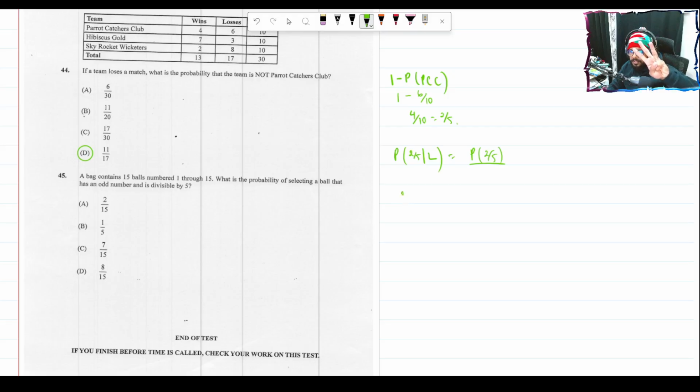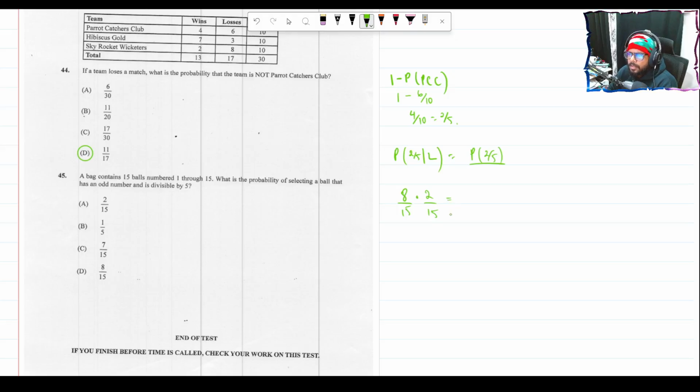So that is 8 out of the 15. And if it's divisible by 5, we have 5, 10. 10 is not odd, all right? 5 and 15, which is 2. 2 out of the 15.